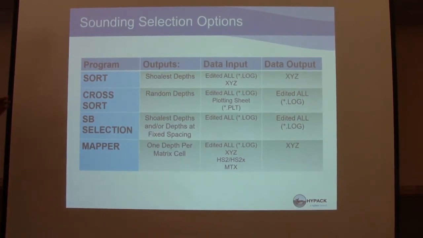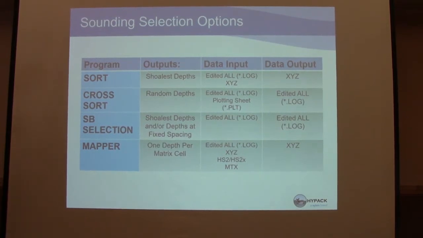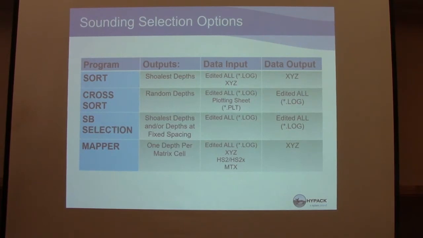The CROSSSORT is designed to take your single beam data, maybe with a bunch of cross lines, and give priority to one or the other. Wherever the intersections are, it's prioritizing either your cross-sectional lines or your check lines.